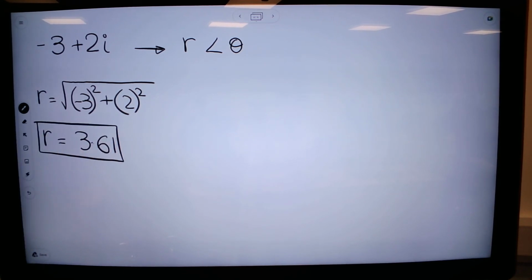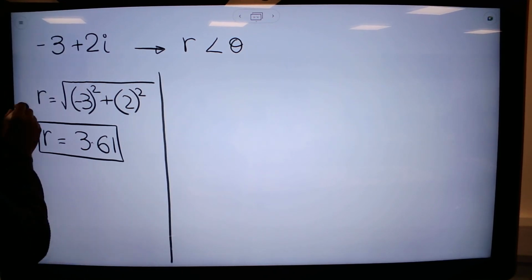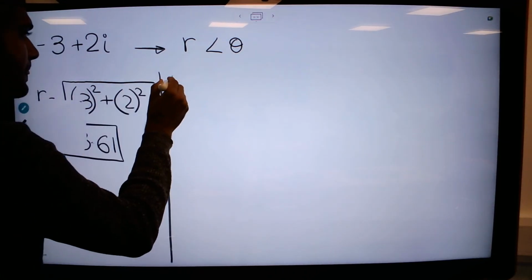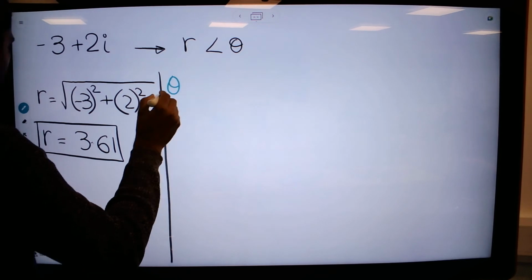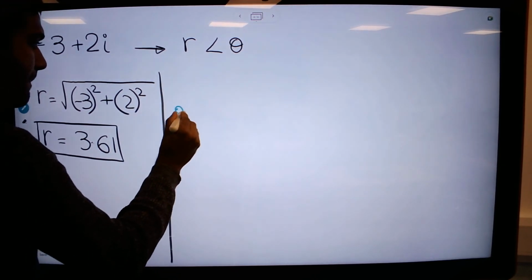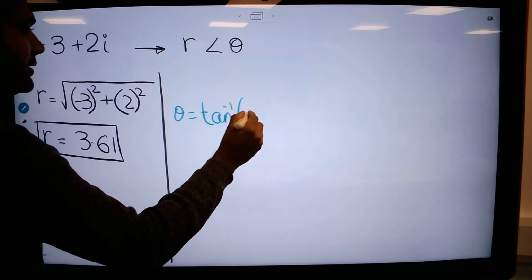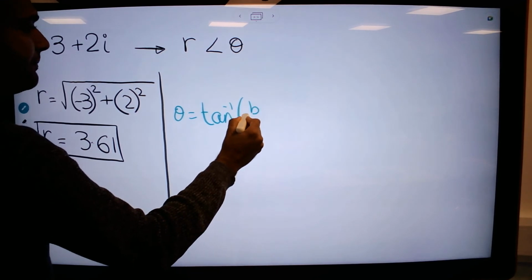I have the r. Now I need to find out the theta. Theta equals tan inverse of b over a.